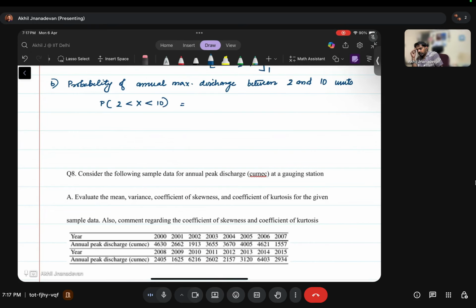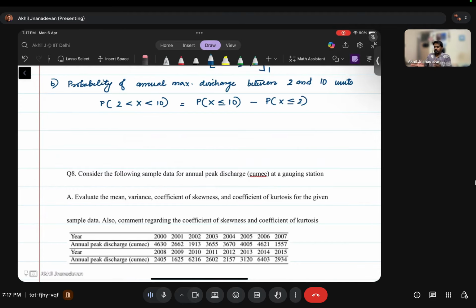So this can be the CDF, that is the cumulative distribution function, or instead we could write it like this also: P of X less than or equal to 10 minus P of X less than or equal to 2.